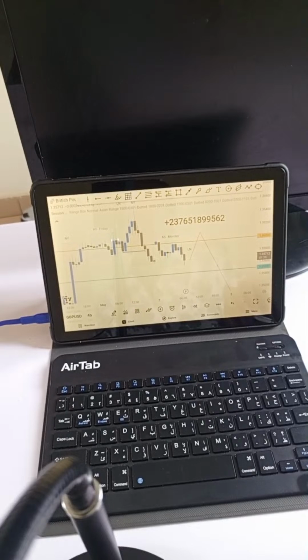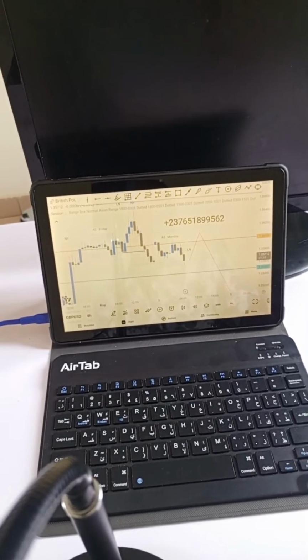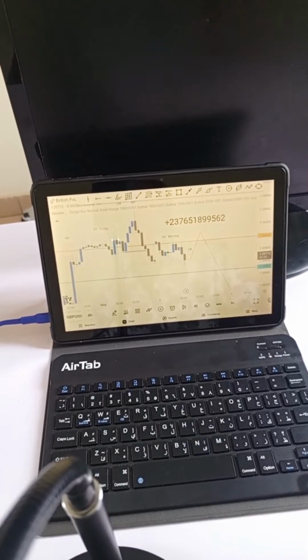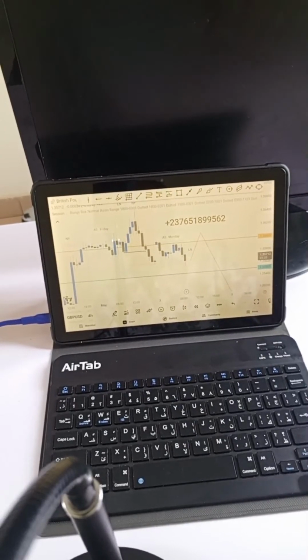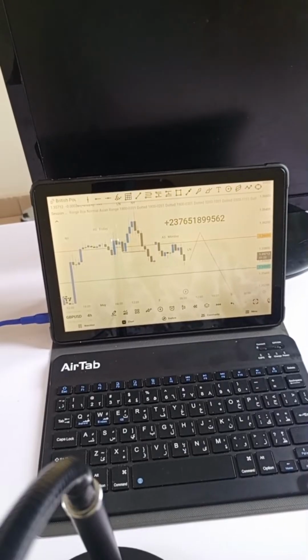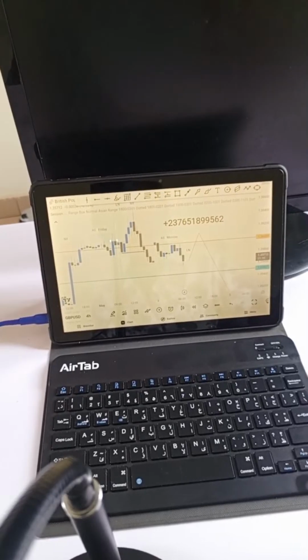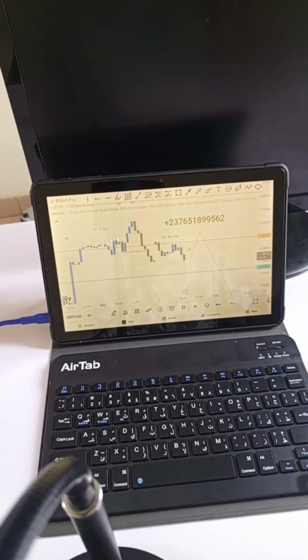Your stop loss is not your enemy. Your stop loss is not there to hurt you. Your stop loss is there to make sure if the market decides to prove you wrong, you won't be too wrong. You just be wrong enough. Yes. If the market decides to prove you wrong, you won't be too wrong.